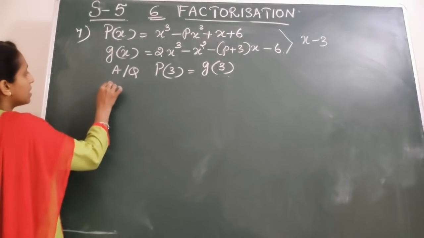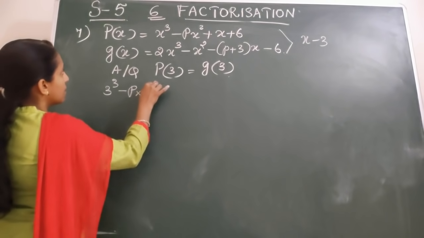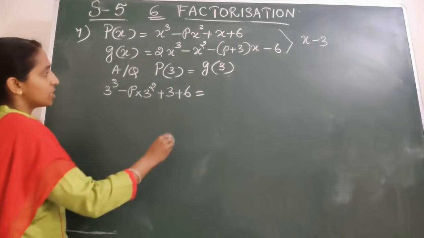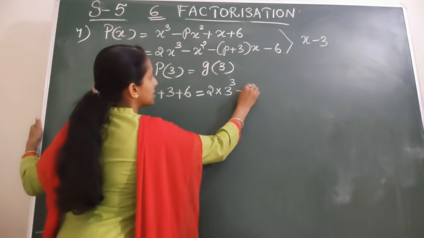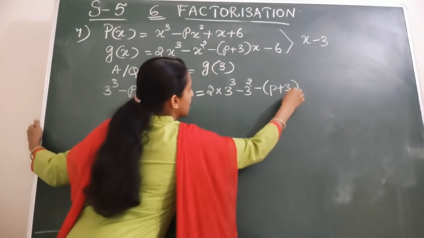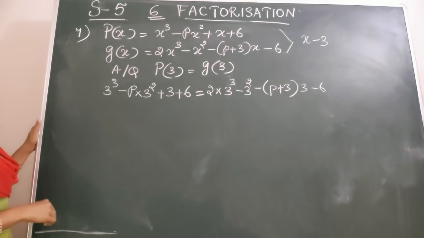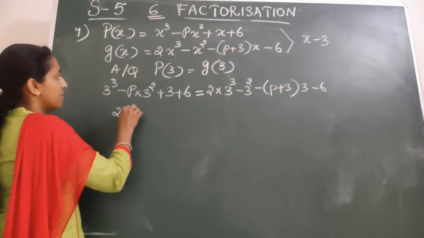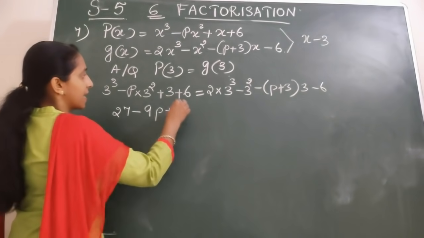Okay. So we are equating. That means 3 cube minus p into 3 square plus 3 plus 6 will be equal to 2 into 3 cube minus 3 square minus p plus 3 into 3 minus 6. P of 3 equal to g of 3. That means 3 cube is 27 minus 9p plus 3 plus 6 is 9.